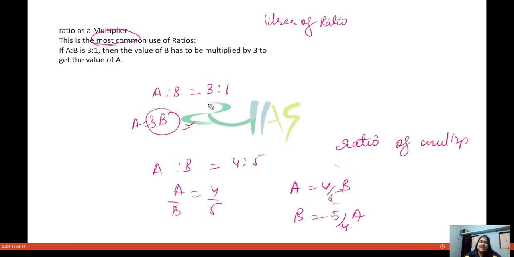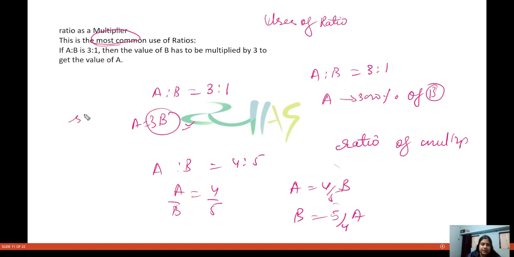So for example, if it is saying a is to b is equal to 3 is to 1, that means a is 300% of b. So you have to interpret a mathematical equation in your own words. See, there is a very simple concept in life.